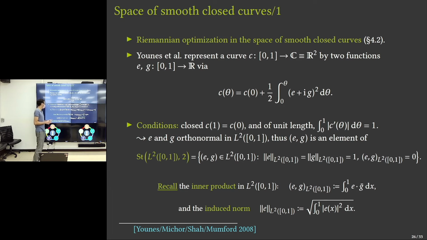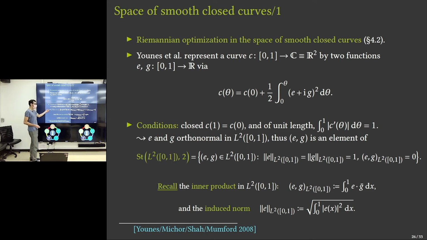Here there is a recall about the inner product in L2 and the induced norm. Mathematically, it means that this couple, E and G, is an element of this manifold. The L2 norm of E equals the norm of G equals 1, and they are orthogonal. So they are orthonormal.